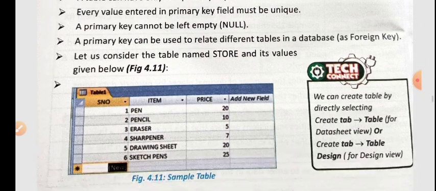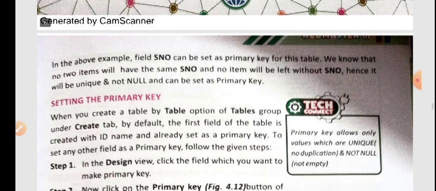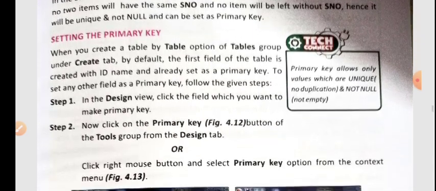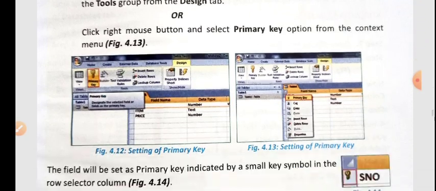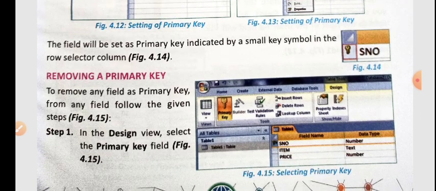And the data for the primary key is not repeated; the data should be unique while you are creating a primary key. Now setting the primary key, as I told you earlier, there is a symbol, and with the help of that symbol you can assign a primary key.